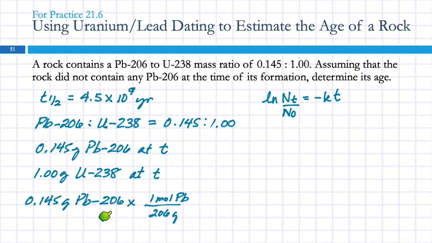The mass number is always very close to the actual mass. 1 mole of the uranium formed 1 mole of the lead, right? 1 uranium atom turned into 1 lead atom. And so what's the mass of 1 mole of uranium-238? 238.